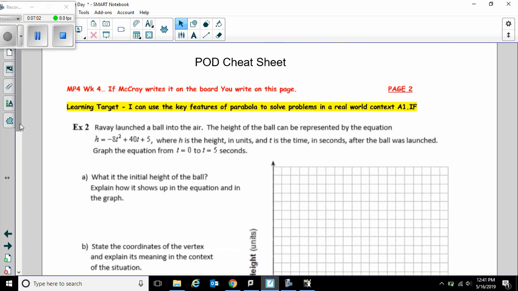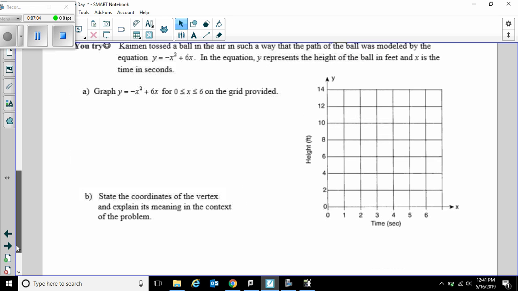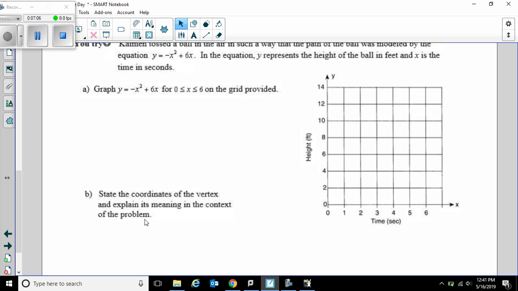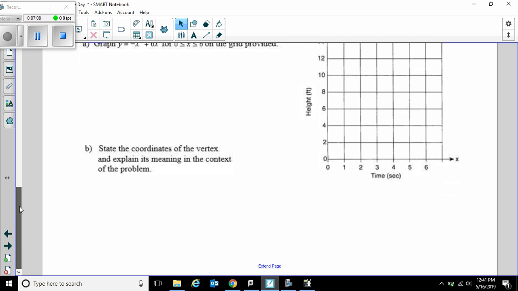We can do that. It also wants to know B, the vertex. We can do that as well. And it wants us to give the vertex in the context of the story. We can do that. Take a moment, pause the video, and then come on back to me when you think you got it.